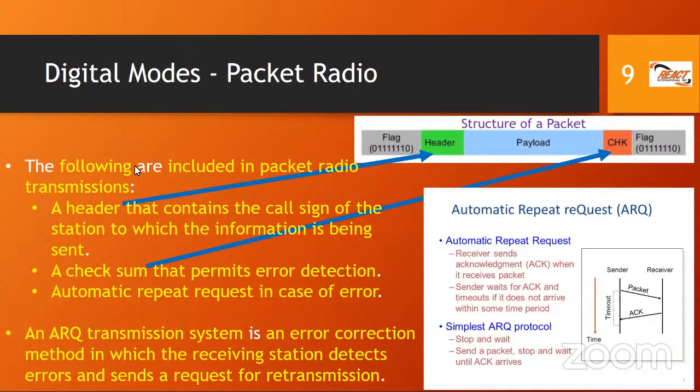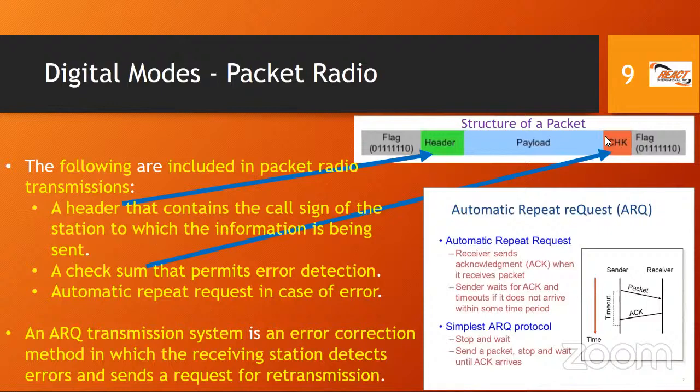So we say that the following are included in packet radio transmissions: a header, and this is where the arrow is pointing. So you have the header part of the packet that contains the call sign of the station to which the information is being sent. So in other words, the receiver's call sign is inside of that header. We also need to learn about the checksum, and a checksum permits error detection.